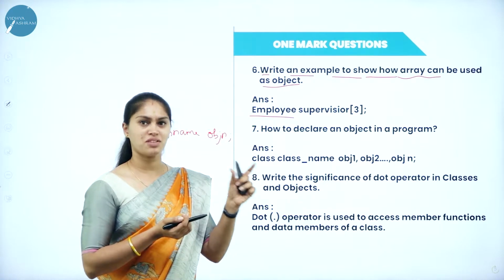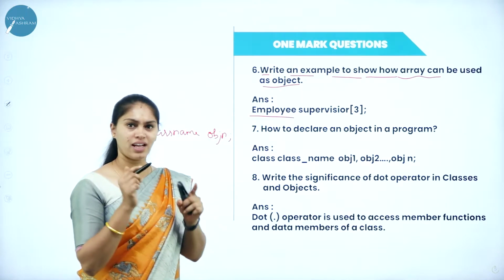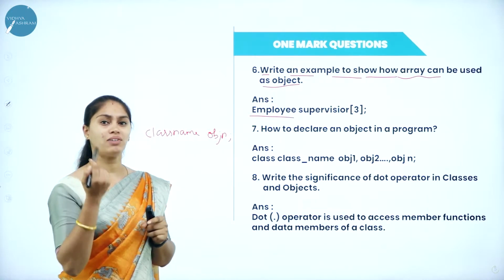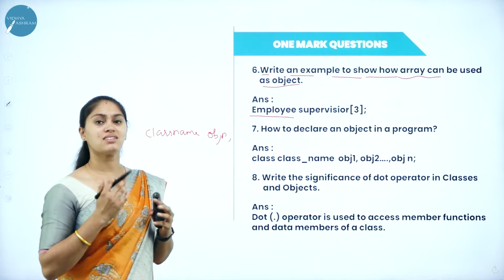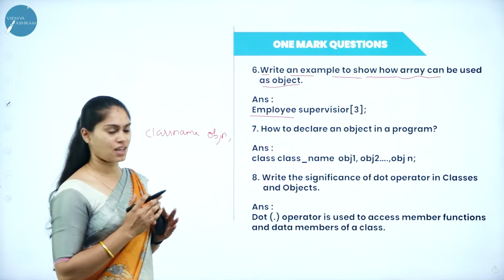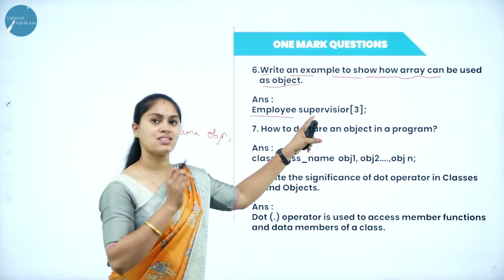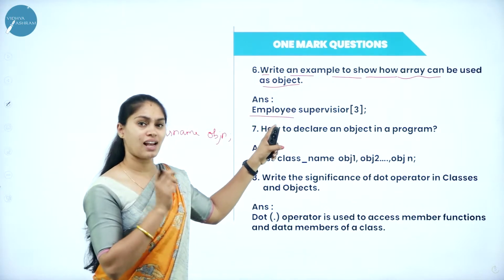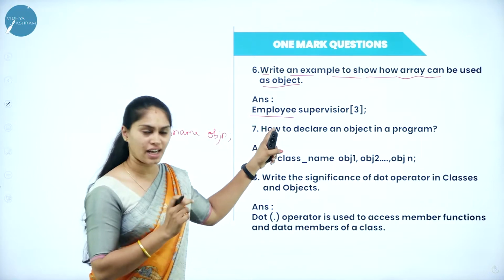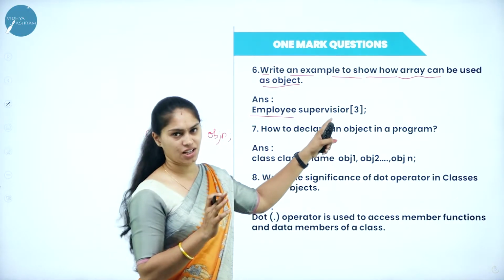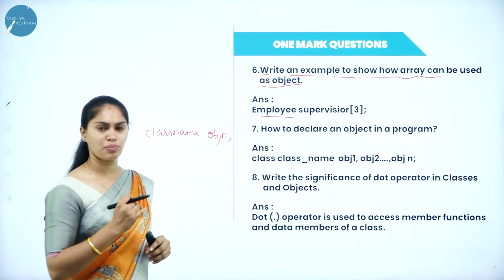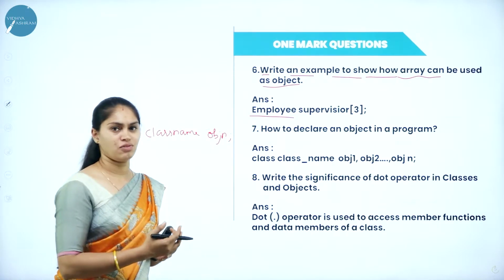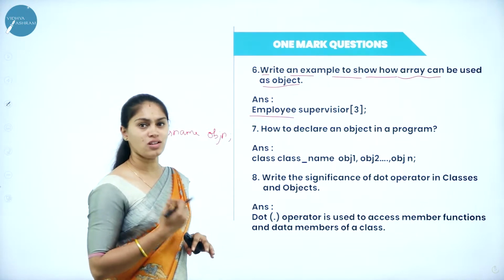We specify the data type, the name of the array, and within square brackets the size of the array, that means the number of elements in the array. Here, supervisor is the name of the array object and Employee is the class. That class is a user defined data type and its size is 3, so I can store 3 supervisors' information in this object called supervisor.